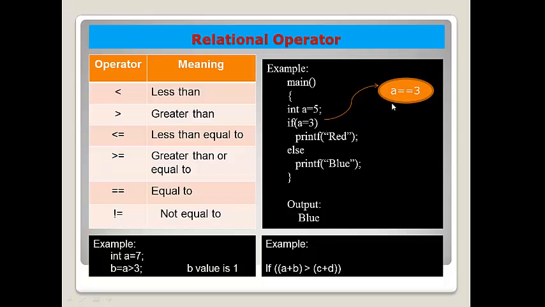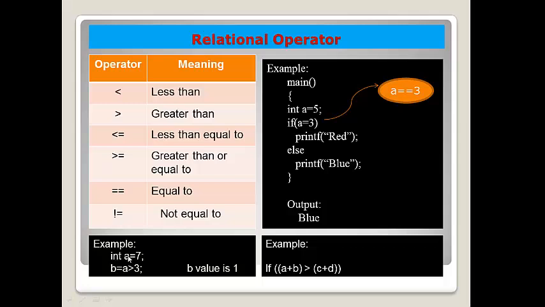If we put a double equal, it relates; otherwise it assigns. A non-zero value is true; only a zero value is false. If we change it to a double equal to 3, the result is blue. If we put only a single equal, the result is red.